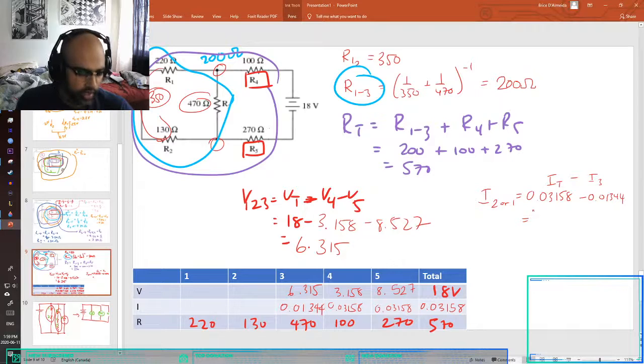What are we getting? 0.03158 minus 0.01344 equals, slightly different, 0.01814.